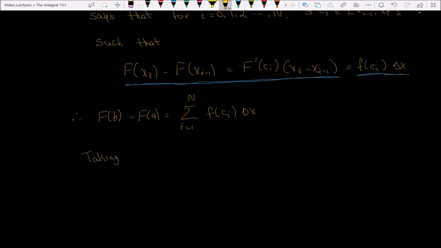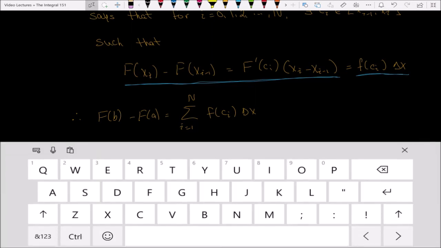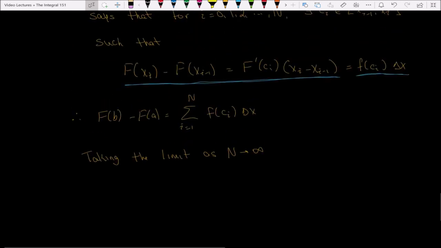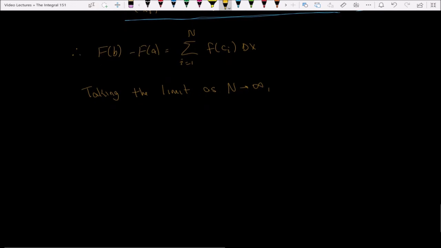So if we take the limit as n approaches infinity of both sides, this is just a constant, and the limit of a constant is the constant specifically. So that side remains F of b minus F of a. But now the Riemann sum will go to the integral from a to b of f of x dx. That is exactly the result we wanted, and so we have now established part 2 of the fundamental theorem.